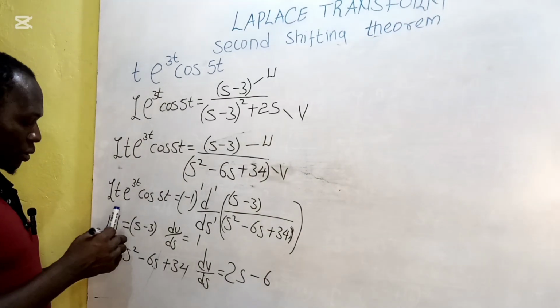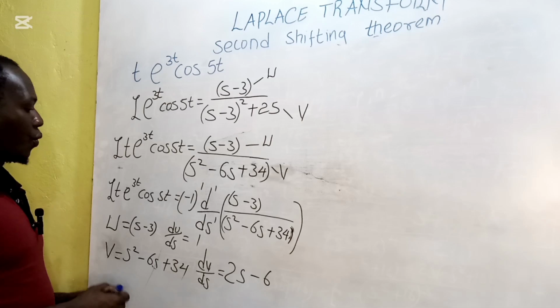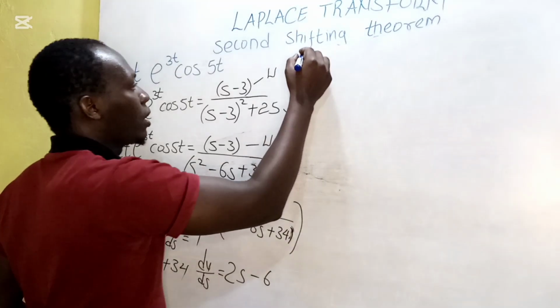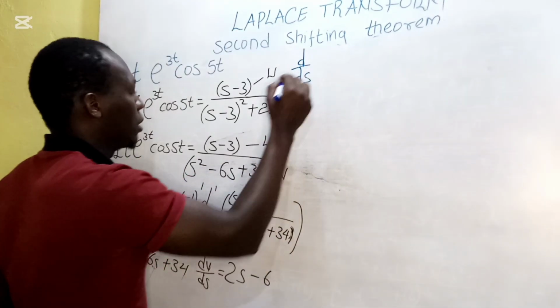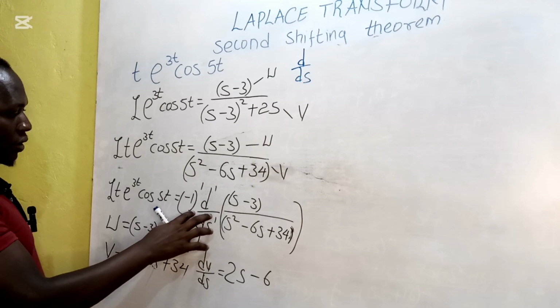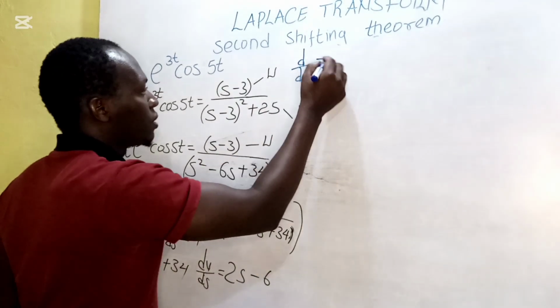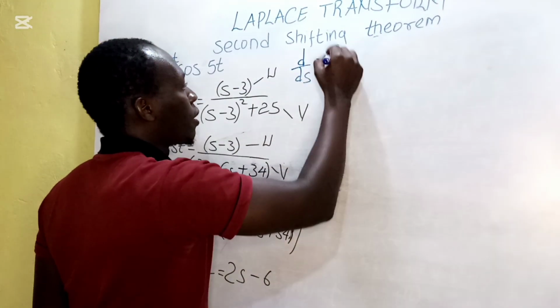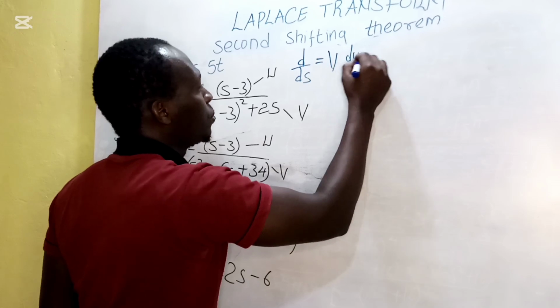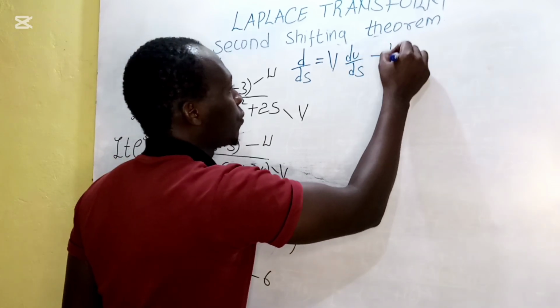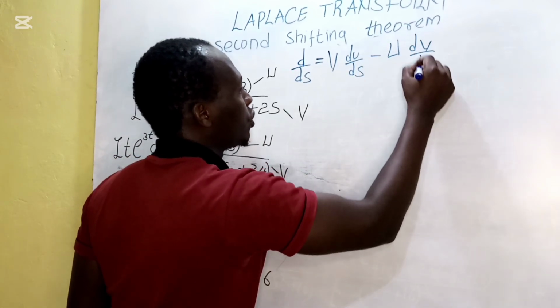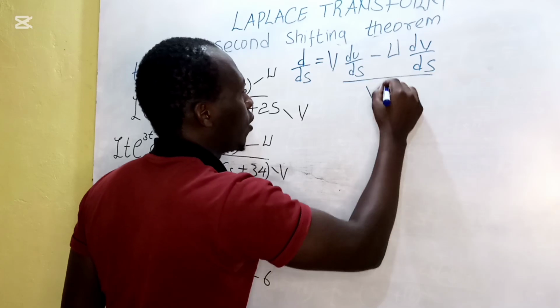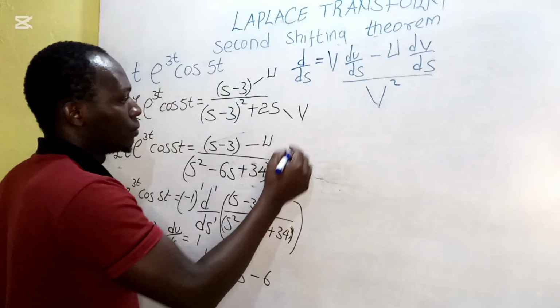Let us now use the quotient rule formula, whereby we understand that d with respect to ds is equal to v du with respect to ds, minus u dv with respect to ds, everything all over v squared.